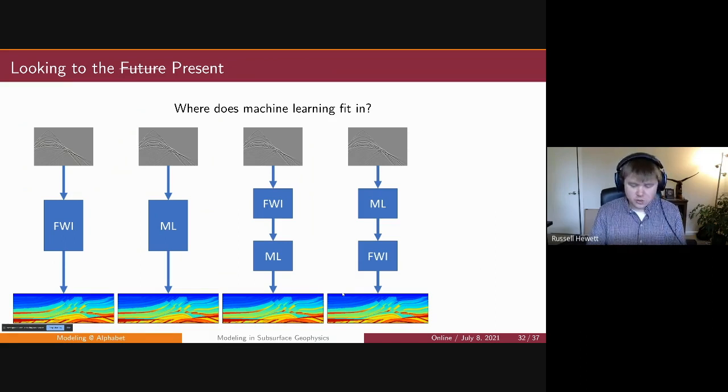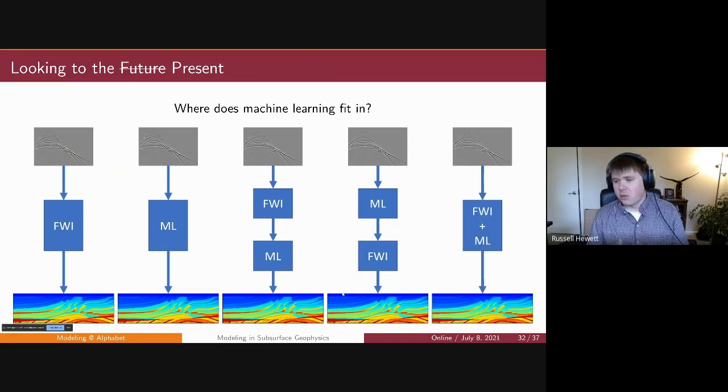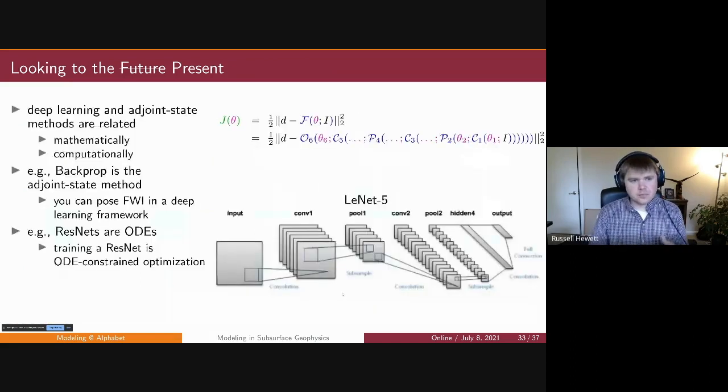But where I'm interested in as a researcher is this last part, which is how do we put these two things together in a cohesive framework? And so the first thing that I've already discussed, but we have to establish, is that deep learning and adjoint state methods are mathematically and computationally related. And so backprop is basically the adjoint state method.